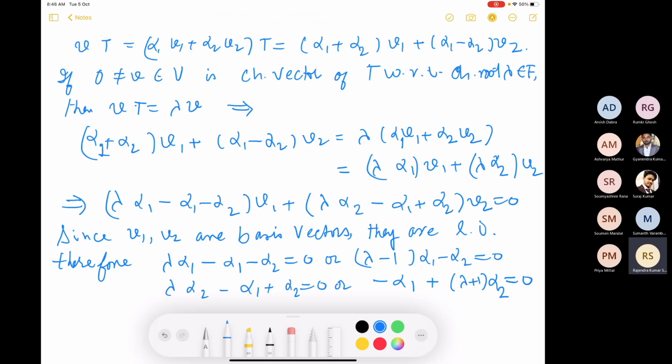This is equation 1 and this is equation number 2.